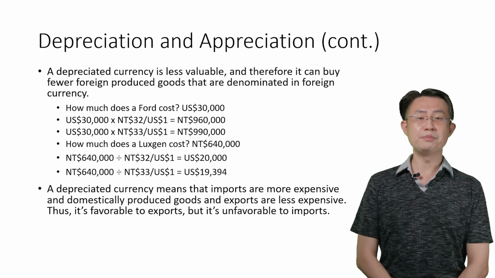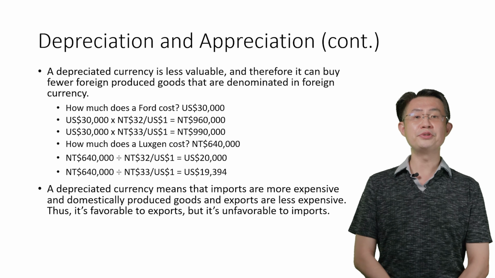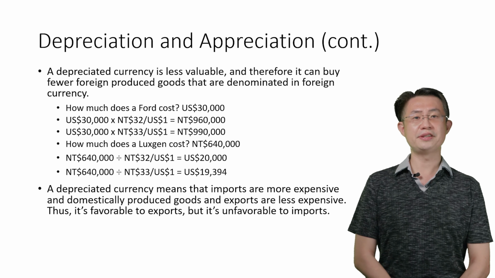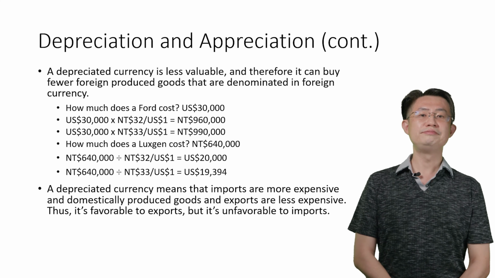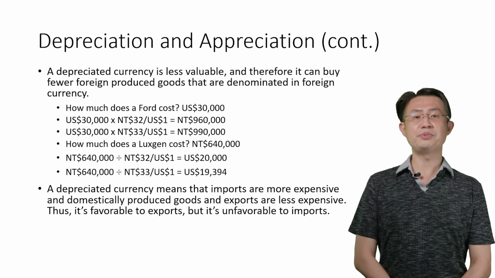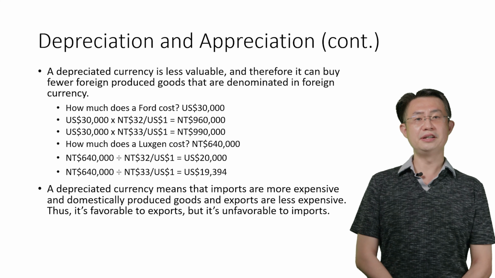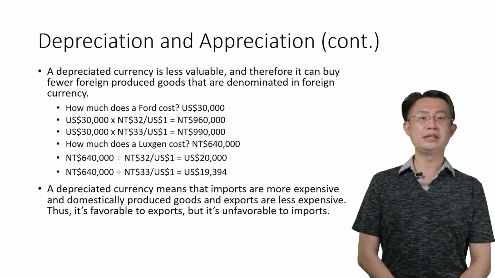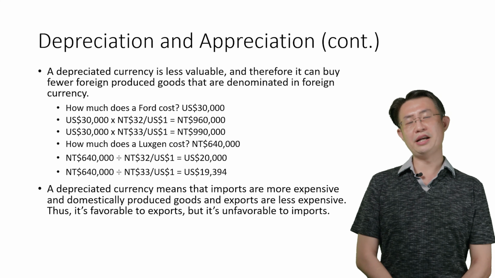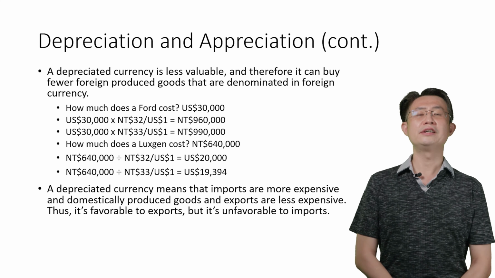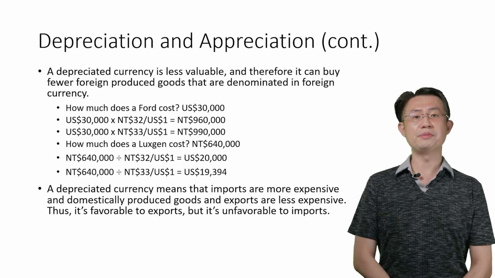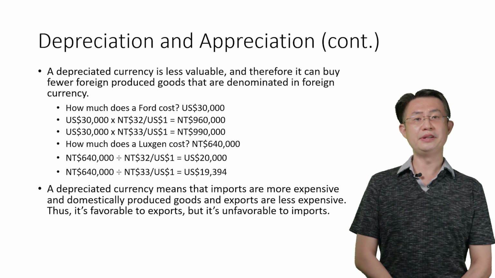So this example is very important. It's very helpful for you to realize that if the exchange rate goes up, the domestic currency faces depreciation and the foreign currency faces appreciation. What happened to the price of exports and the price of imports? How it affects international trade is very important. So here, let me summarize the example.